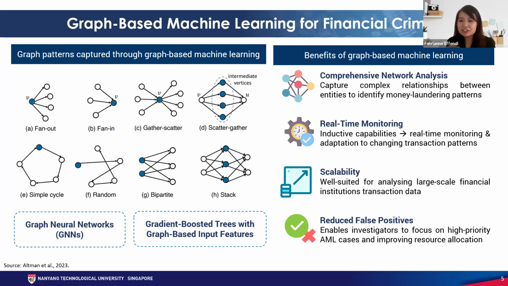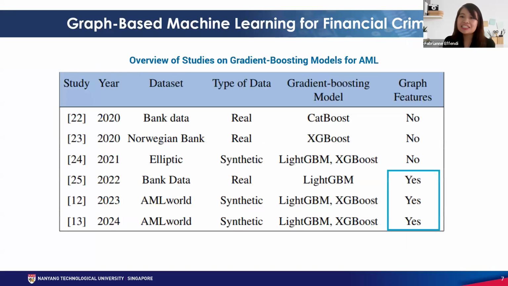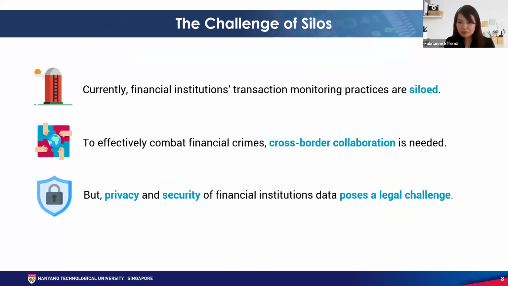They are able to capture the complex relationships between entities to identify money laundering patterns, providing real-time monitoring, scalability to analyze large-scale transaction data, as well as reduction in false positives, enabling investigators to focus on high-priority AML cases and improve resource allocation. Indeed, based on the literature review that I've done, there have been a number of studies on GNNs in financial crimes and gradient boosting models with graph features for anti-money laundering.